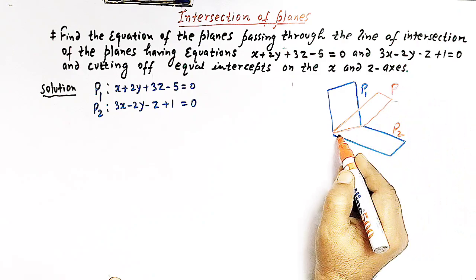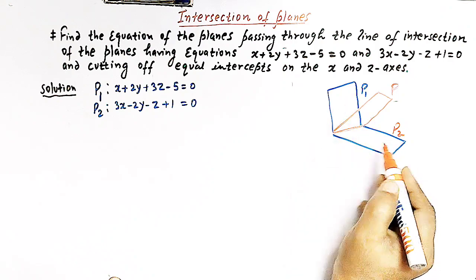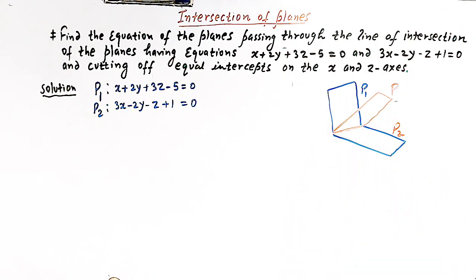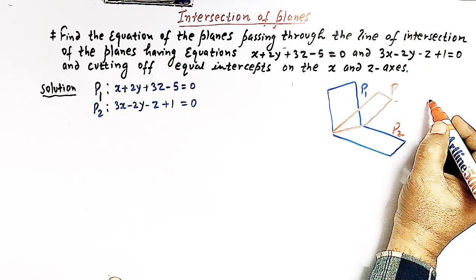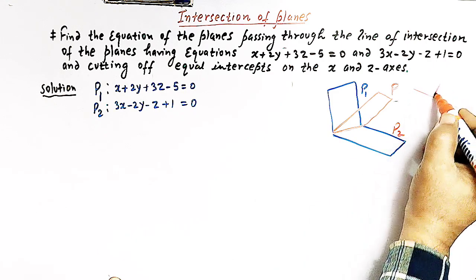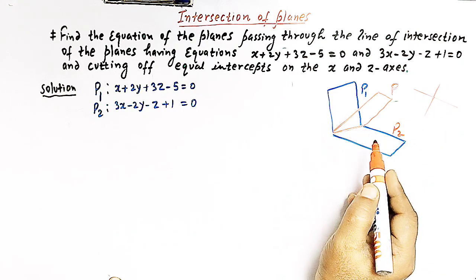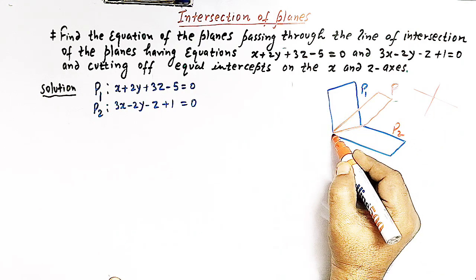So P passes through the line of intersection of planes P1 and P2, and always remember whenever two lines intersect, they intersect at a point. But when two planes intersect, they always intersect in a line.